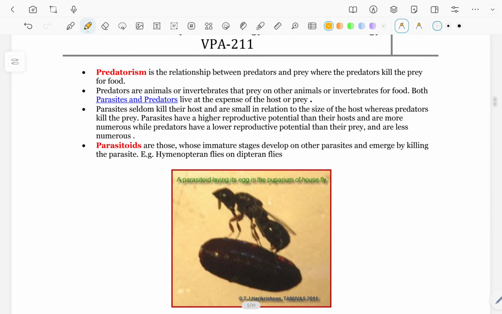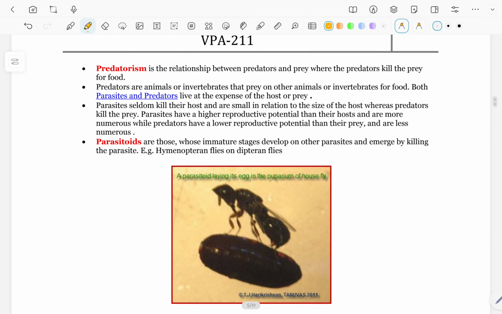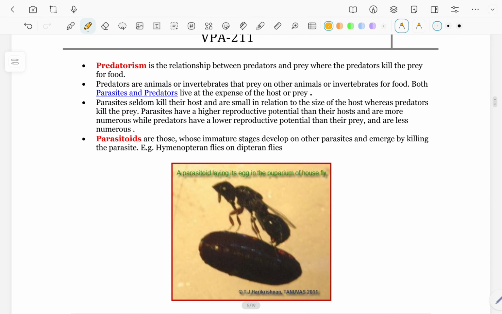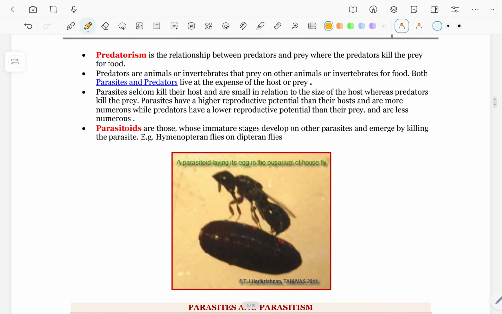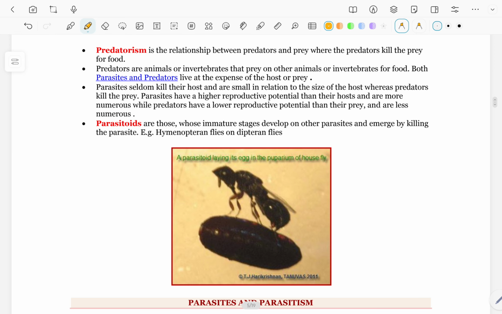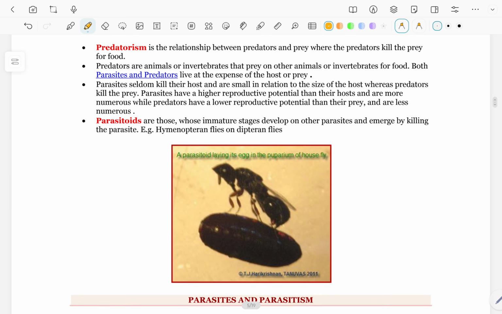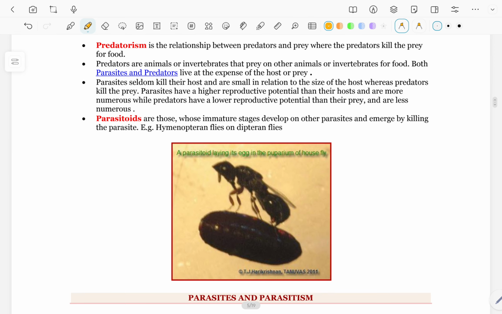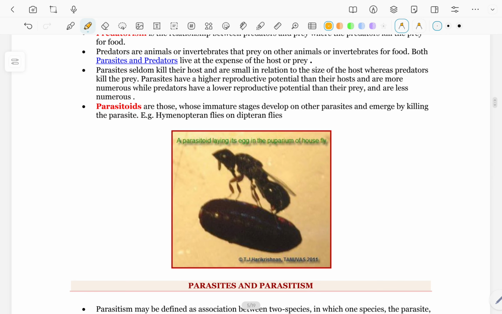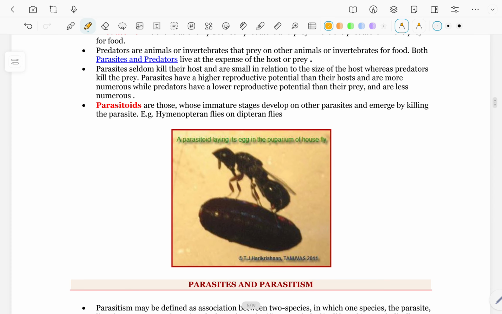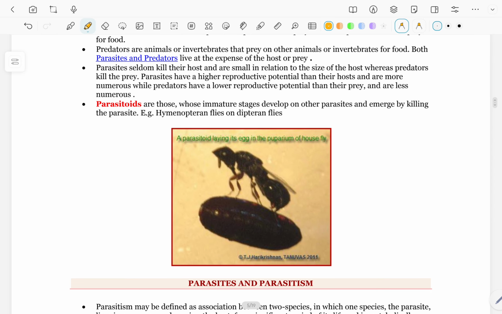Parasites seldom kill their host and are small in relation to the size of the host, whereas predators kill the prey. Parasites have a higher reproductive potential than their host and are more numerous, while predators have a lower reproductive potential than their prey and are less numerous.